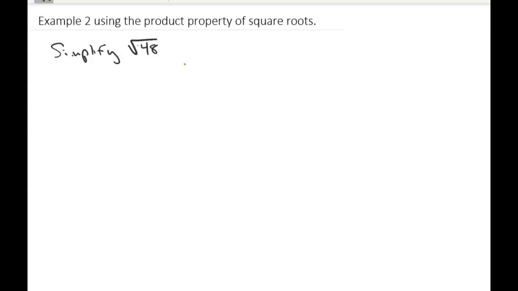So to simplify a radical that is not a perfect square, I need to see if that number underneath, in this case 48, the number inside my radical, has any perfect square factors. So anytime I'm doing square root problems, I take a minute and I come up with my list of perfect squares.